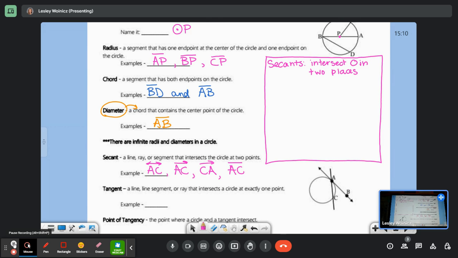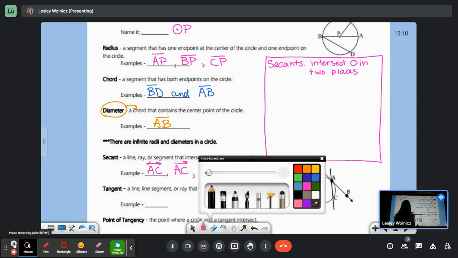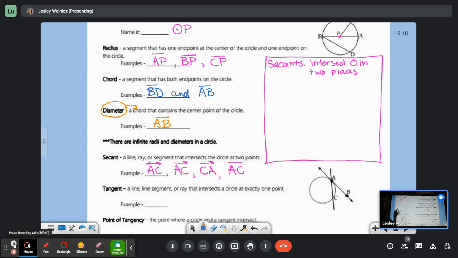What else intersects a circle in 2 places from our list of vocab so far? Yeah, a chord. But chords are specifically segments, not lines or rays. So some of our secants are going to be chords.